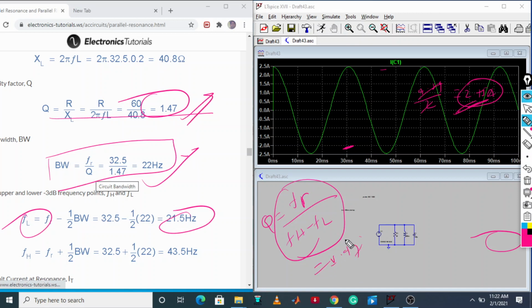Because 32.5 we got and 22 we got, if you divide this by this, it comes to around 1.4. So this is 1.47. This is all about the quality factor of the parallel resonance circuit. So this is all about the parallel resonance circuit.